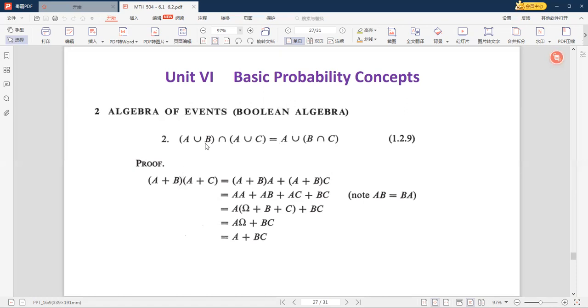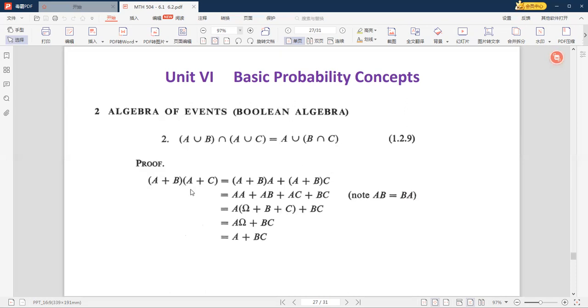If you just change the union to addition and the intersection to multiplication, then this just becomes a product of addition of two sets. Think of a binomial times a binomial. So you can do the same thing as you do with numbers.